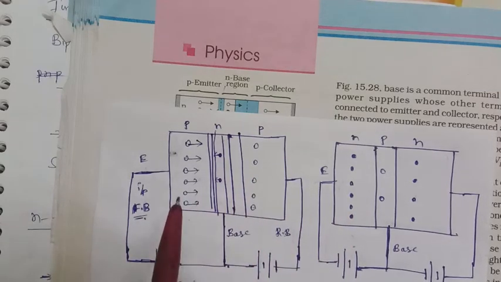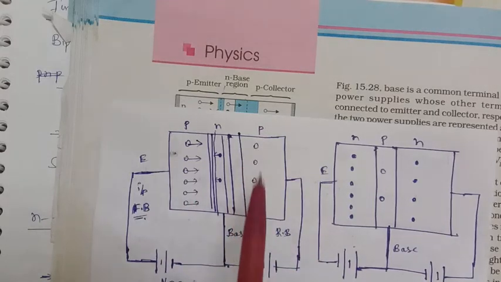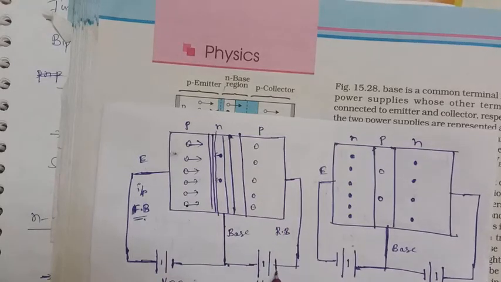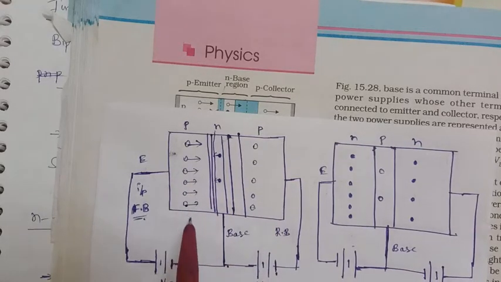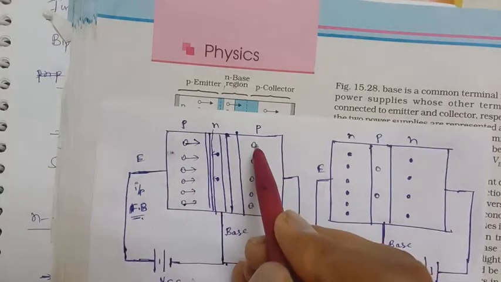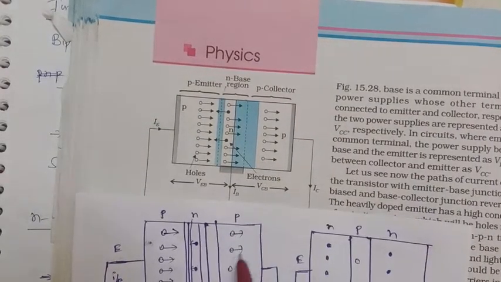That means from the emitter they very easily reach the collector. Why? Because this is a negative terminal. That's why these holes easily pass to the collector side. So the hole current on the collector side will increase.